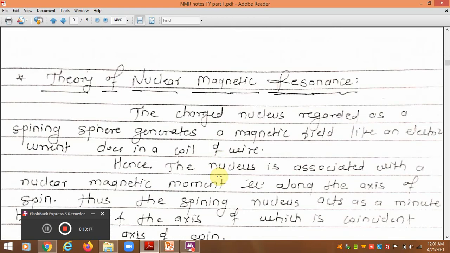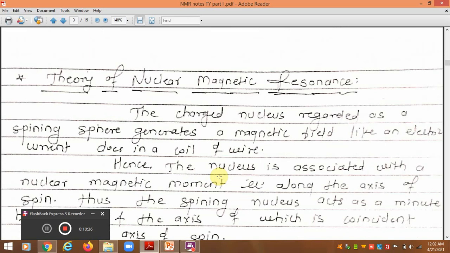So dear friends, one thing should be clear: the nucleus takes an active part in NMR spectroscopy. Rather, the nuclear particles play a role in NMR spectroscopy.